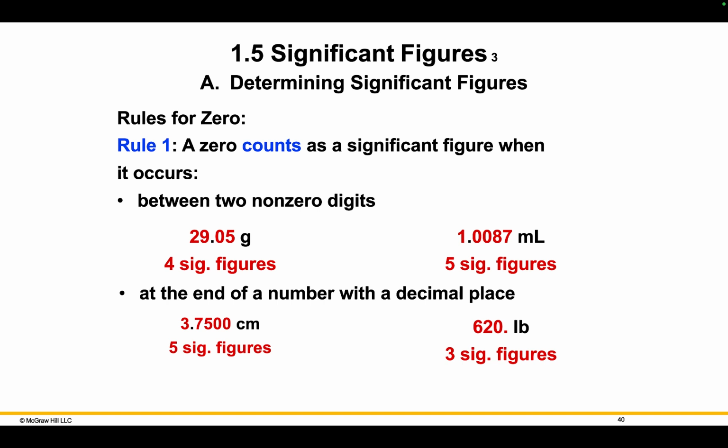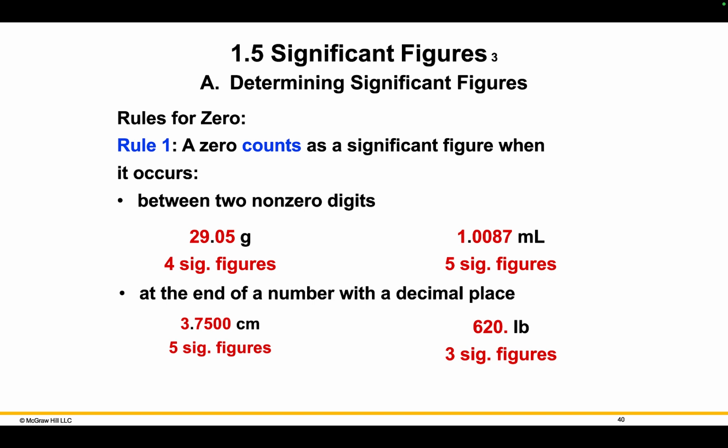And then we have our rules for zeros. A zero counts as significant when it occurs between 2 non-zero digits. So if we have 2 non-zero digits and zeros in between, any zero that is sandwiched in between is automatically considered significant. So when I'm looking at 29.05, the 2, the 9, and the 5 are significant because those are non-zero numbers. And that 0 is sandwiched in between the 9 and the 5, so that is counted as significant.